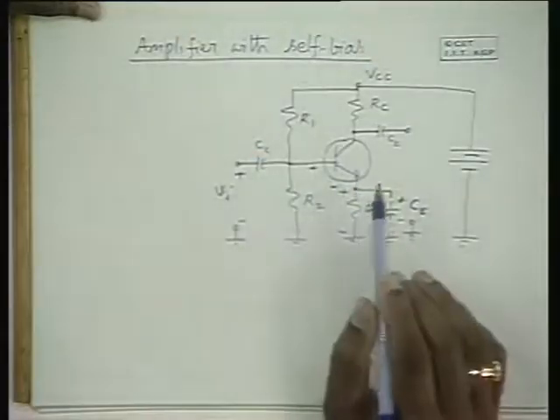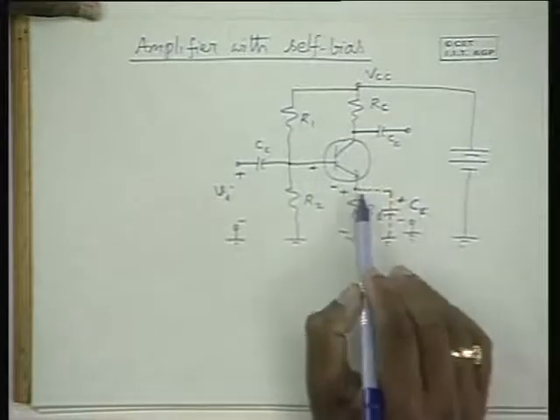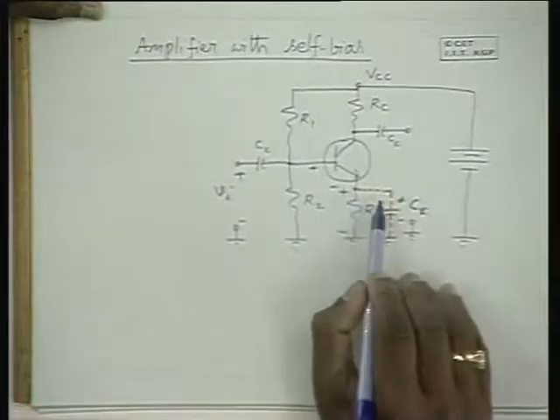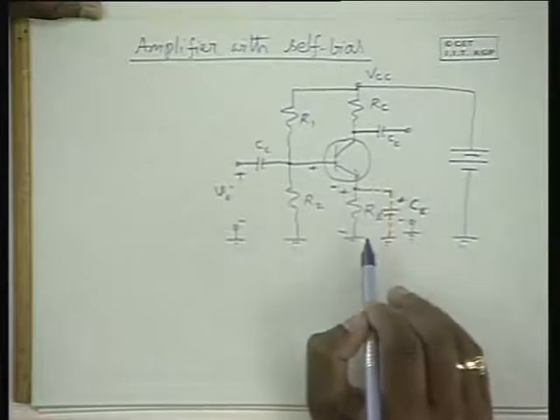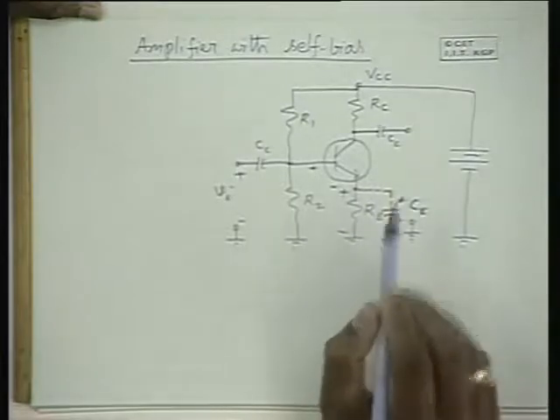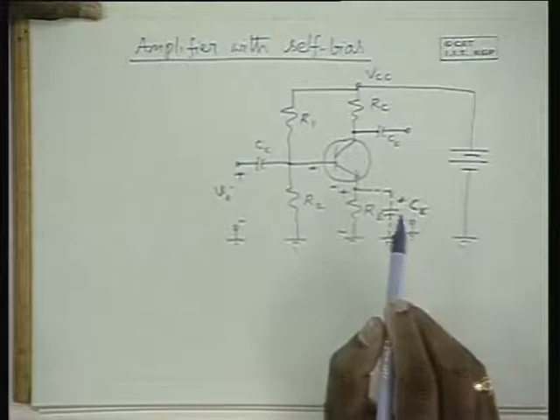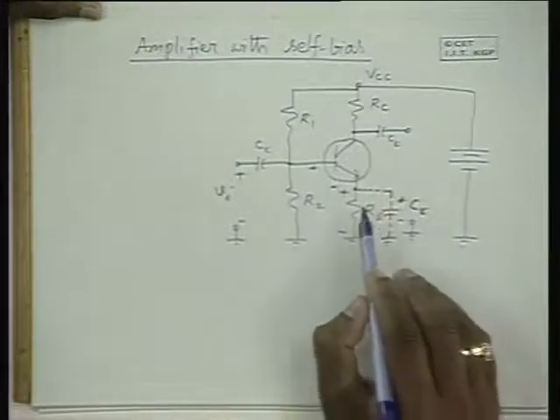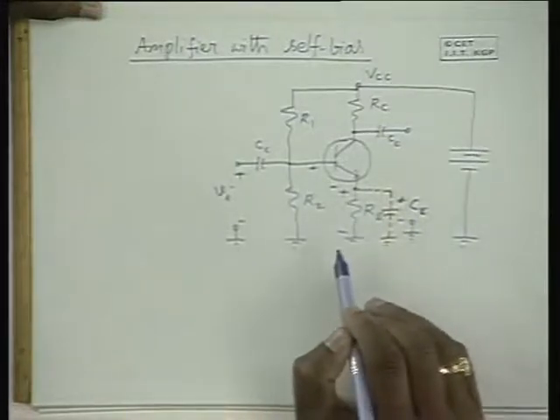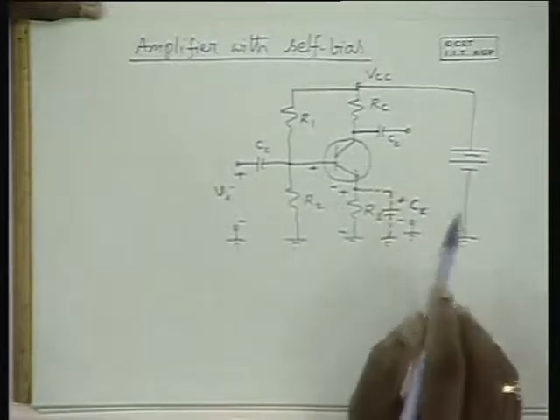And please note that as far as alternating signals are concerned, the feedback is negligibly small, or there is no feedback. Therefore, the gain stability which I was talking about cannot be obtained by introducing a bypass capacitance here.